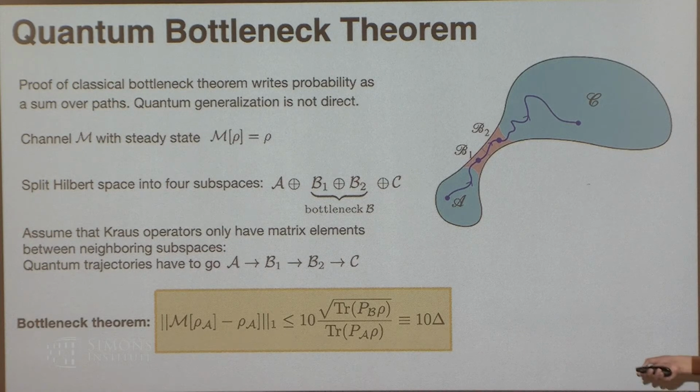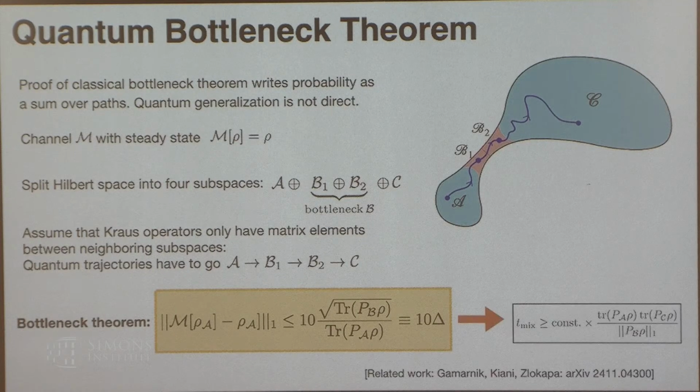Then you can again define a bottleneck ratio, quantified by the weight of the steady state in the bottleneck region relative to the weight of the steady state in region A. This tells you how much an application of the channel on A takes you out of A. And this in turn implies a bound on the mixing time, in terms of this bottleneck ratio and in terms of the ratio of how much weight there is in A and C relative to B.